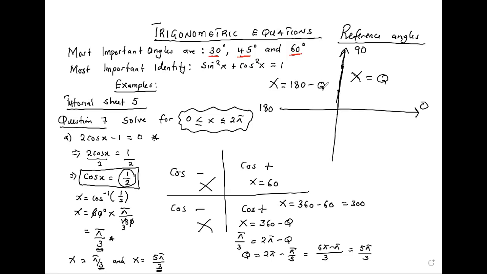So theta lies between 90 and 180, and I'm looking for x that is a reference angle of theta. Then I get 180 minus theta. If it is in the third quadrant, then I'll subtract 180 from the angle I have. And if it's in the fourth quadrant, I'll subtract from 360 the angle that I have.